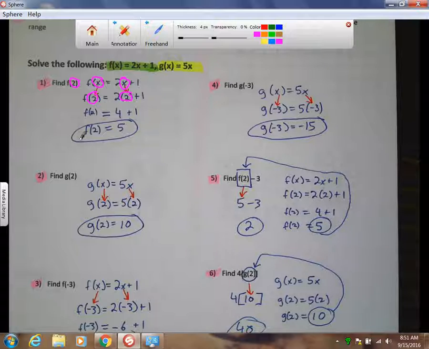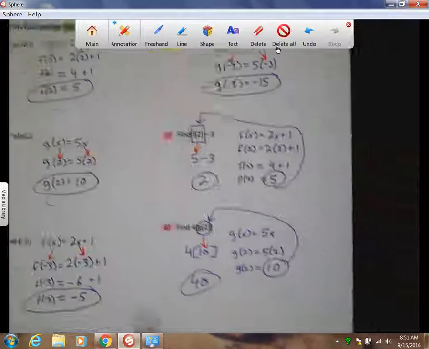Again, I am not solving for f, and I am not solving for g. F just tells me which pattern to use. A function is a pattern. It does not need to be solved for. The left side of my equations do not change. Look how this doesn't change. Look how this doesn't change. I'm not solving for it at any point, so don't try to do it.